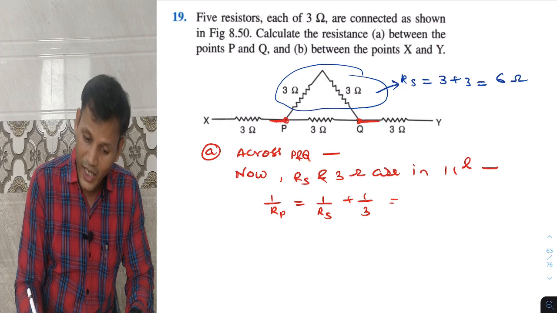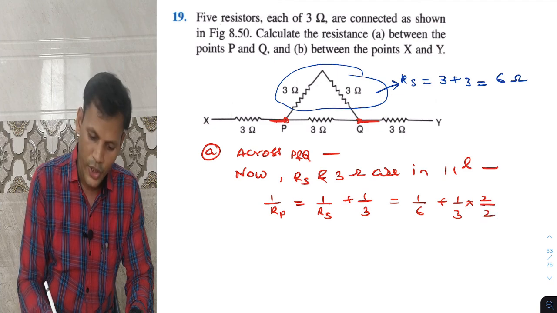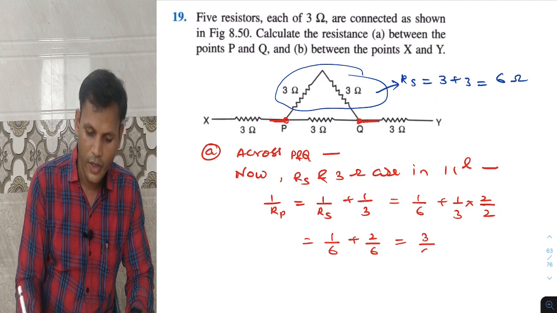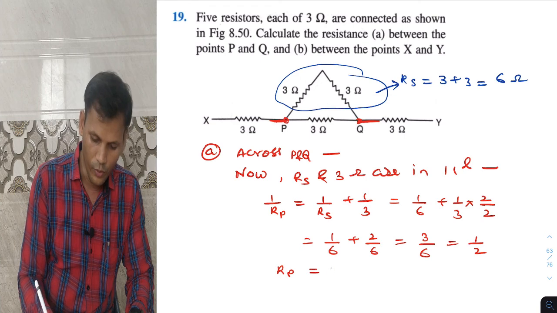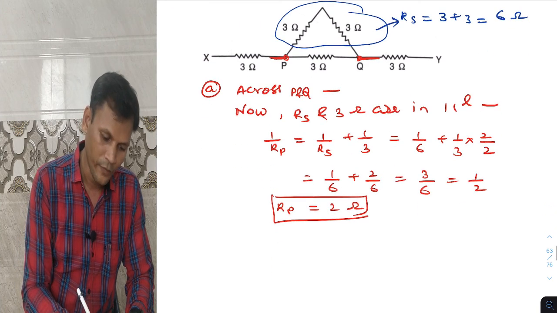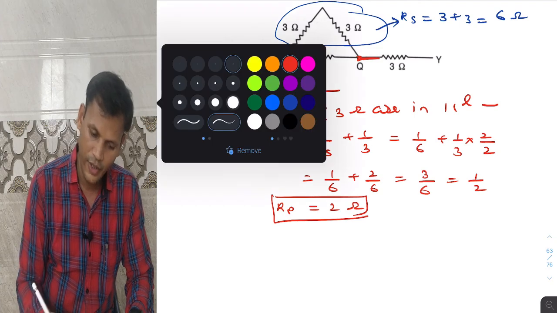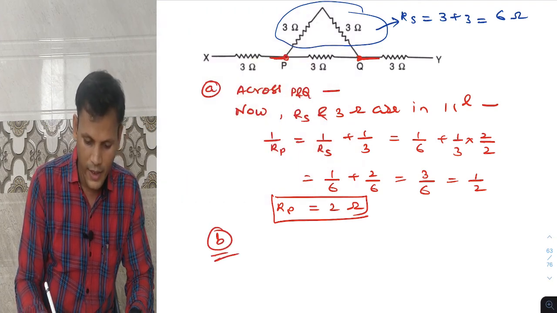So 1 upon Rp is 1 upon 6 plus 1 upon 3 multiplied by 2 divided by 2. So it becomes 1 by 6 plus 2 by 6. So it becomes 3 by 6, which is 1 by 2. So Rp becomes 2 ohm. So now this entire part becomes 2 ohm. So I can write, A part we get. Now this diagram becomes like this.